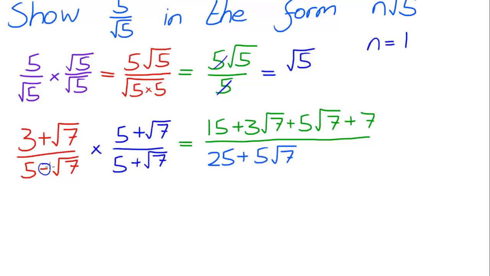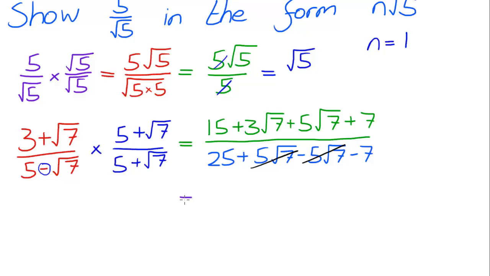Then 5 times minus root 7, so minus 5 root 7. And then minus root 7 times plus root 7, so minus 7. I hope you've seen what's happened here on our denominator. We have a plus 5 root 7 and a minus 5 root 7, because we changed the sign, so these cancel each other out, and we are left with 2 integers as our denominator. We have no more surds on the bottom of our fraction.